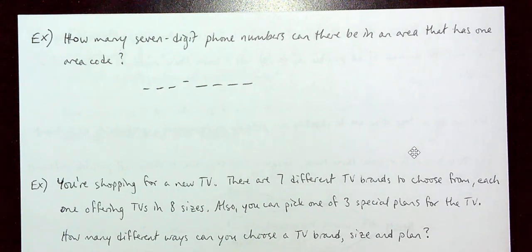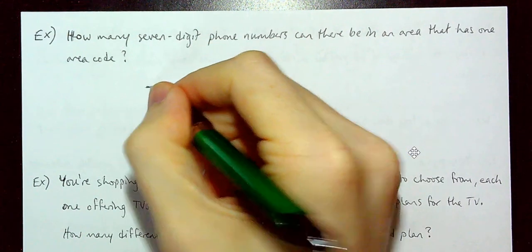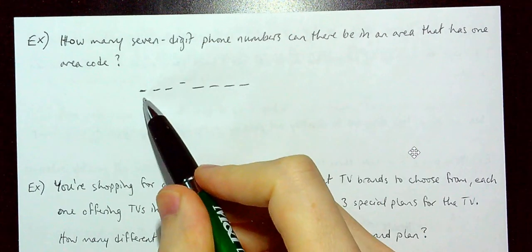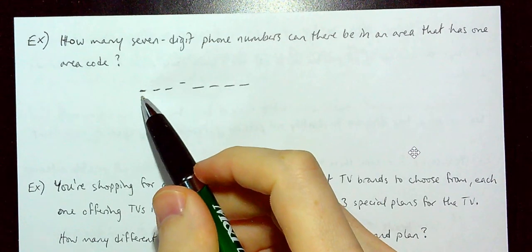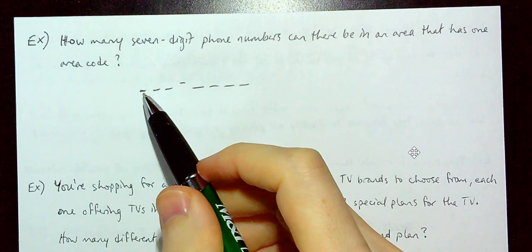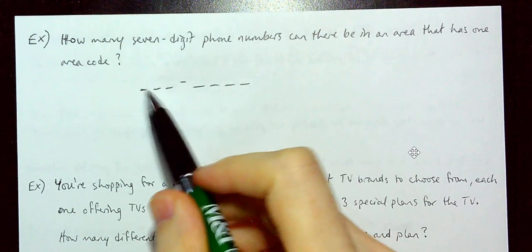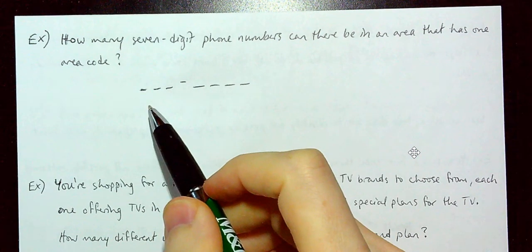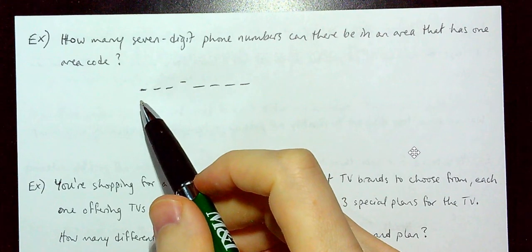Okay. Well, obviously we have the numbers 0 through 9. It's certainly possible to have any of those numbers as a digit in your 7-digit phone number. So if I look at the first blank here, what are the possibilities for the numbers we can have there?